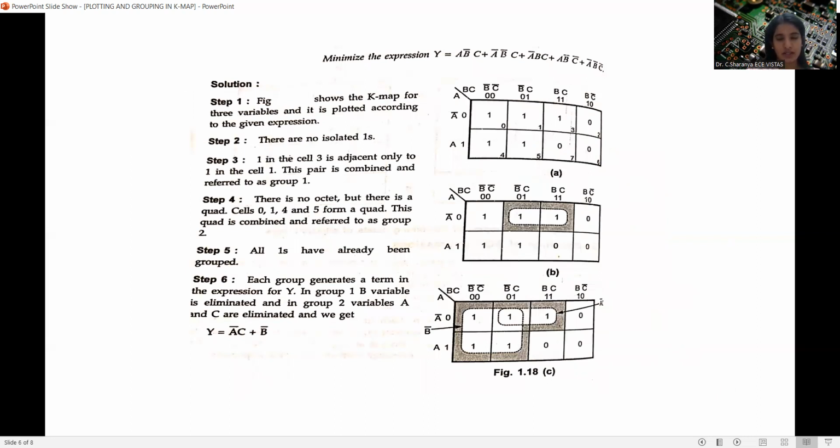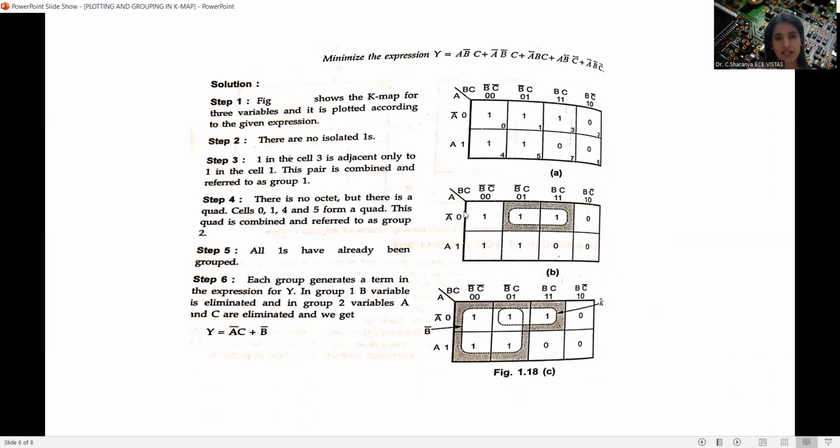Let's check another expression: AB'C + A'B'C + A'BC + AB'C' + A'B'C'. Here again we plot the expression.